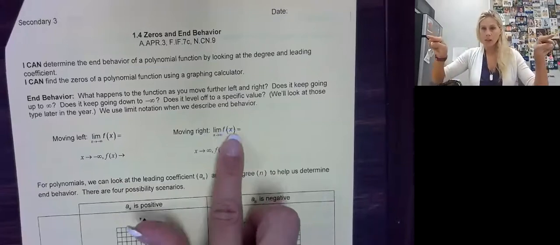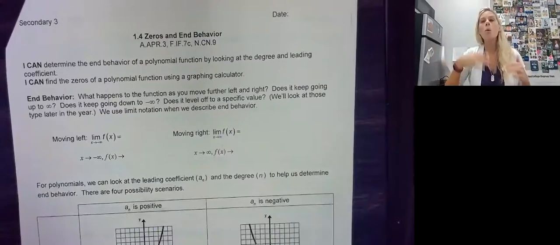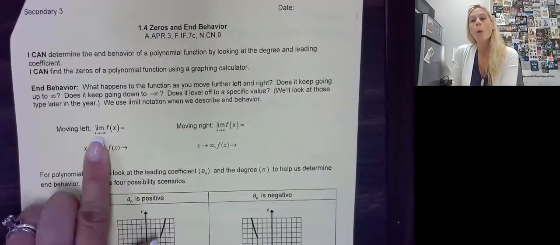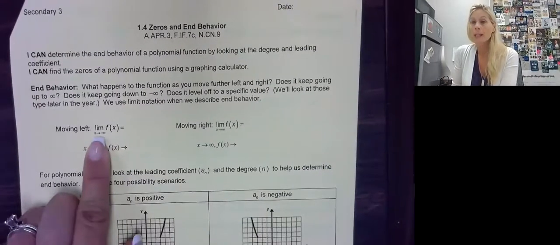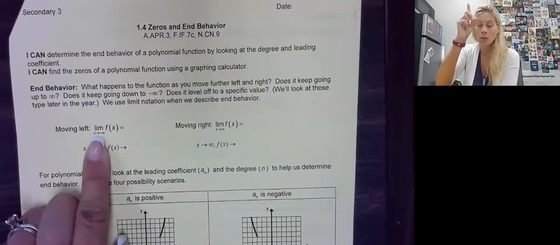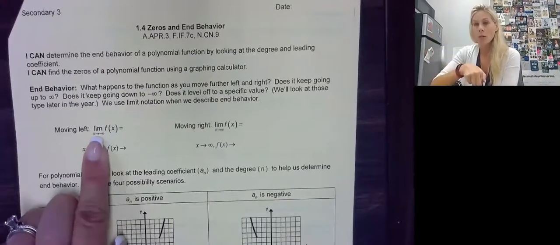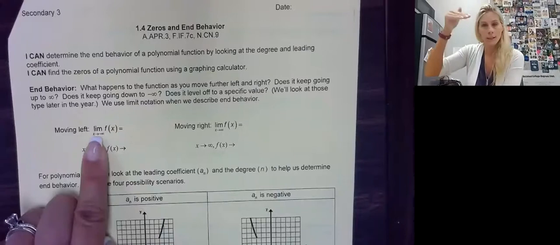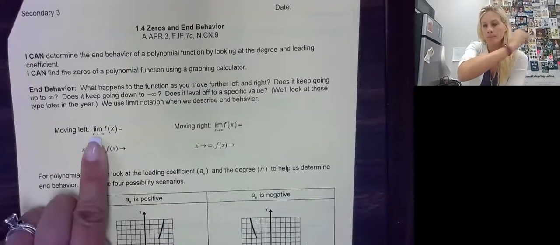X is that horizontal. So when we respond to those questions, what we're actually asking ourselves is, since we know x is going to negative infinity, where is y going? Is y going up to infinity, down to negative infinity, or in some cases in the future, constant? Does it go towards a number?